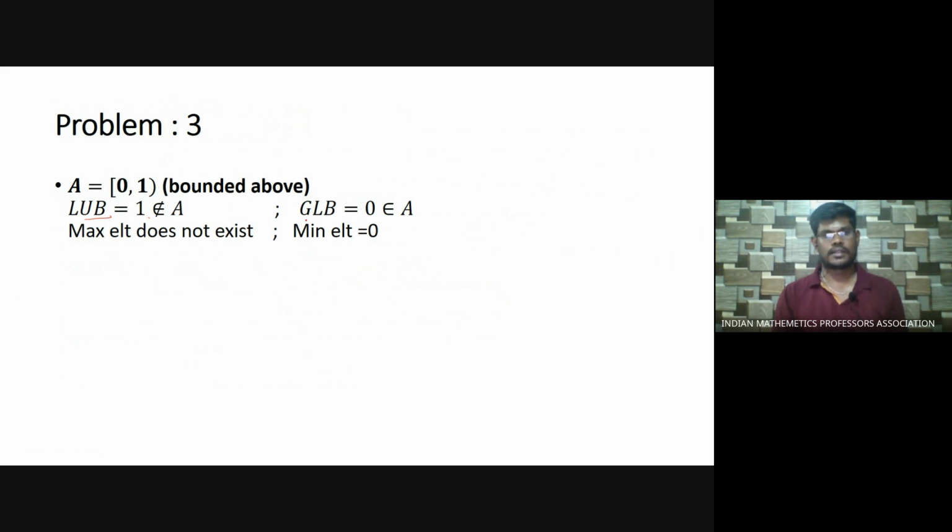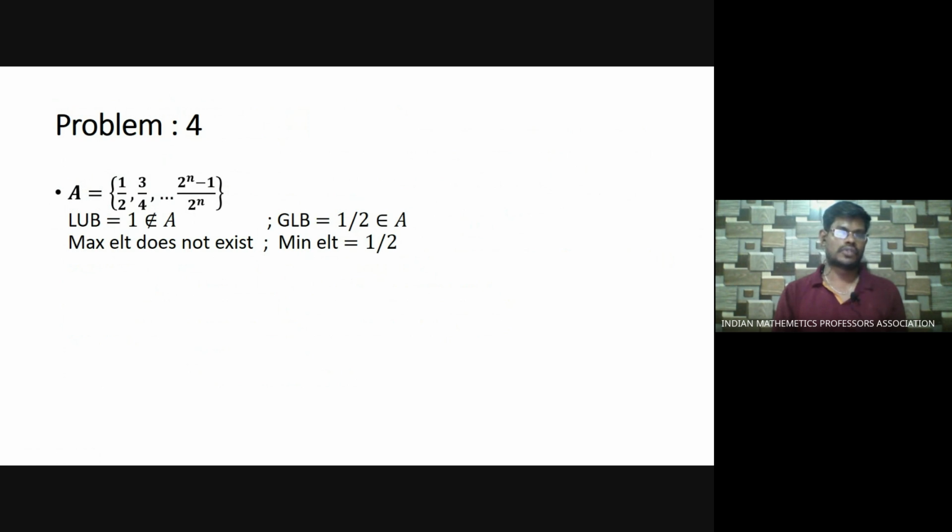Then the greatest lower bound is 0, which is in our set A. The maximum element does not exist in this case. The minimum element exists in this case. That's why this is bounded above.